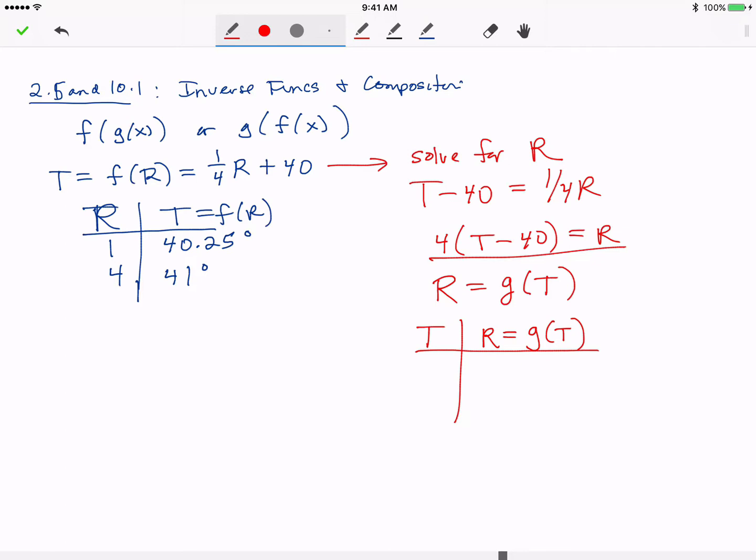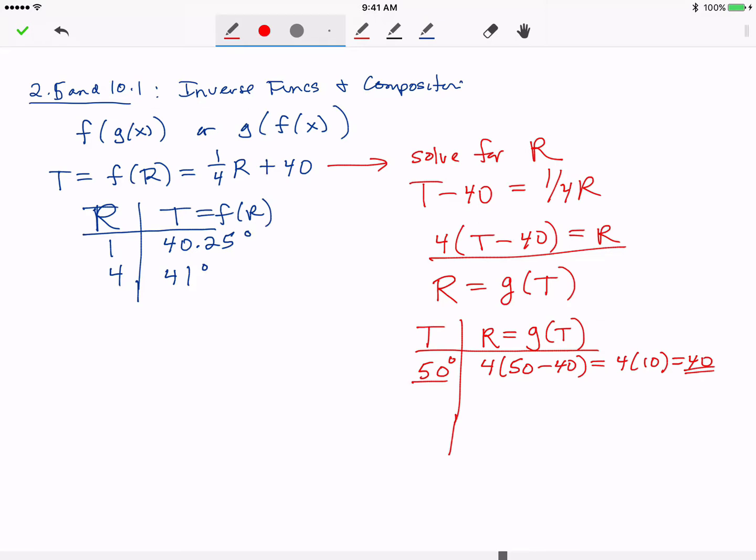So for example, if the temperature is 50 degrees, then 50 minus 40 would be 10, and 4 times 10 is 40. So at a temperature of 50 degrees, the chirp rate is going to be 40 chirps per second, probably, or something like that. Okay.